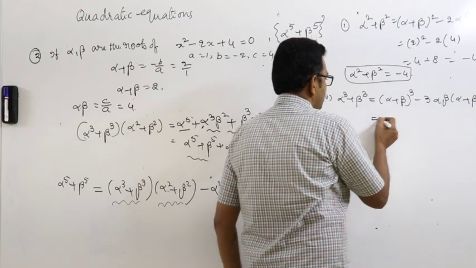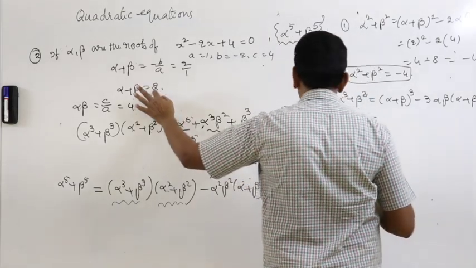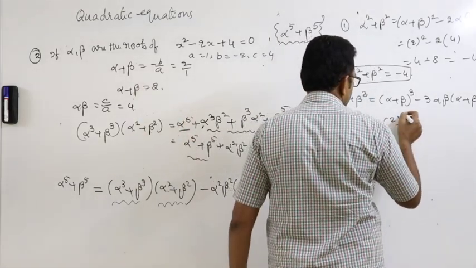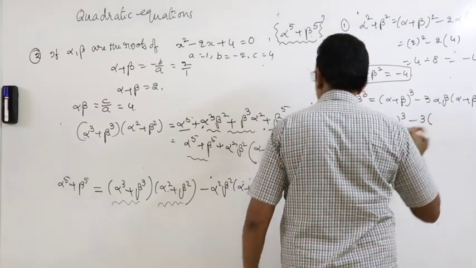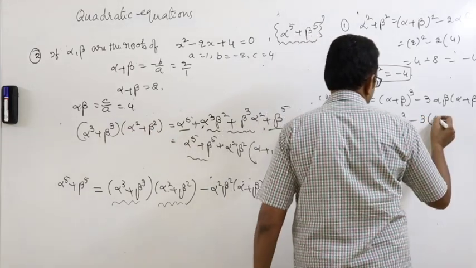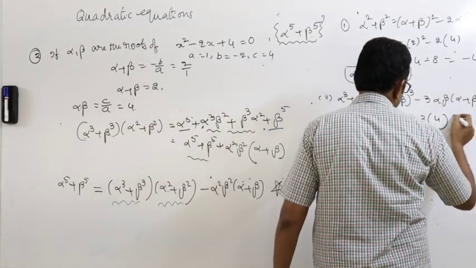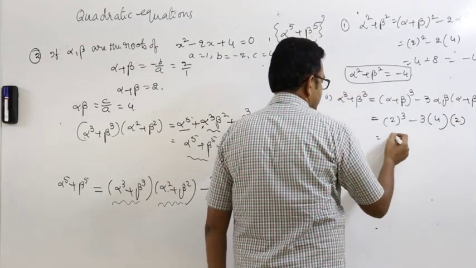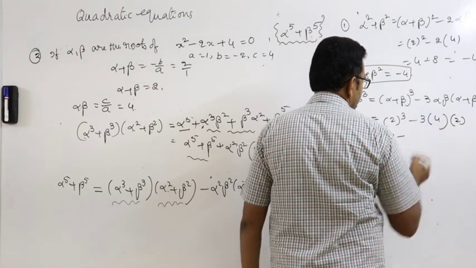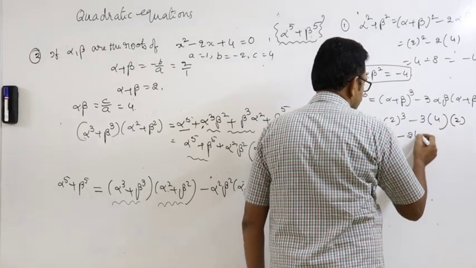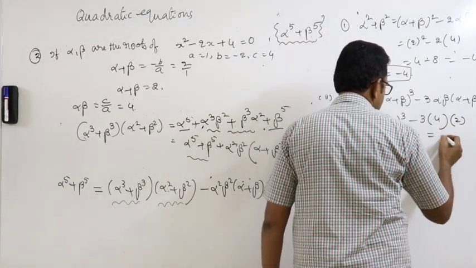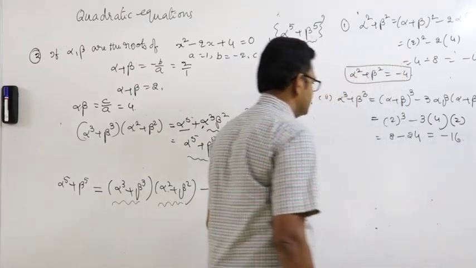So alpha plus beta is 2. This is 2 cube minus 3 into alpha beta 4, into alpha plus beta 2. Therefore, that is 8 minus 12 into 2, 24. That is equal to minus 16.